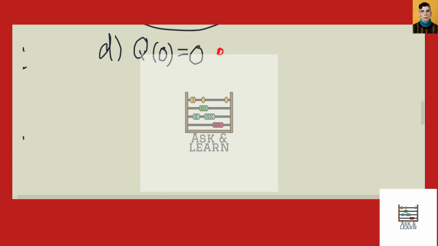So you're given, once again, that q(0) equals 0, and you're asked to use a step size h equals 0.1, and to find the charge approximately after half a second.